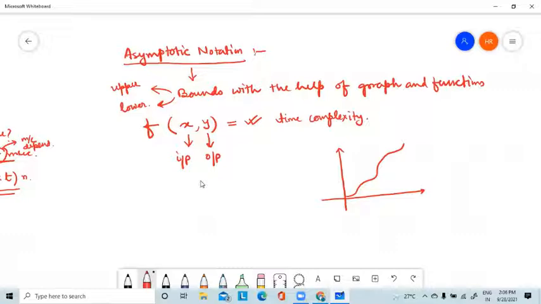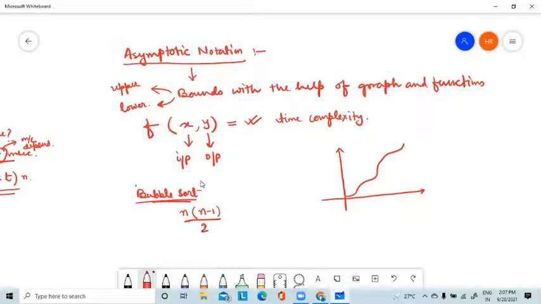Let us take one simple example. Suppose you know the bubble sort. The bubble sort algorithm will require n into n minus 1 by 2.